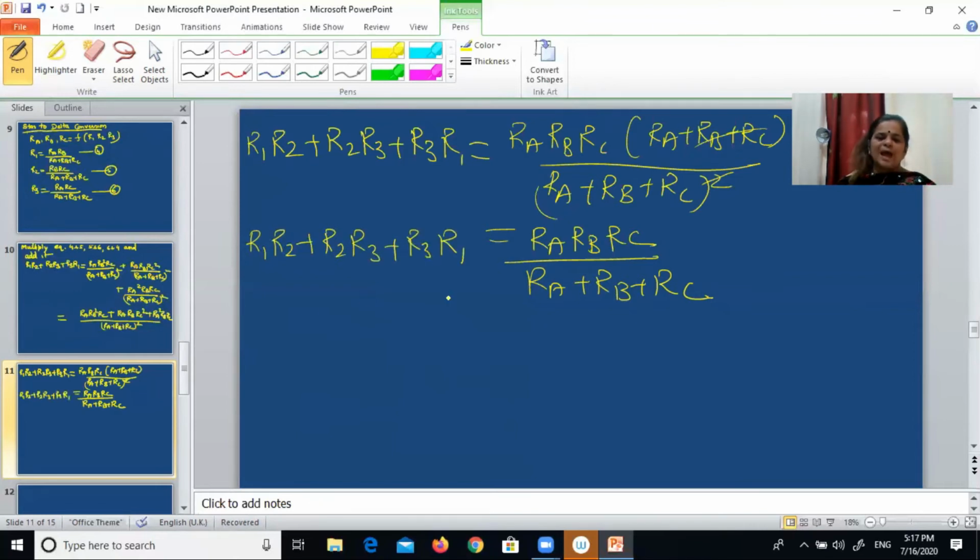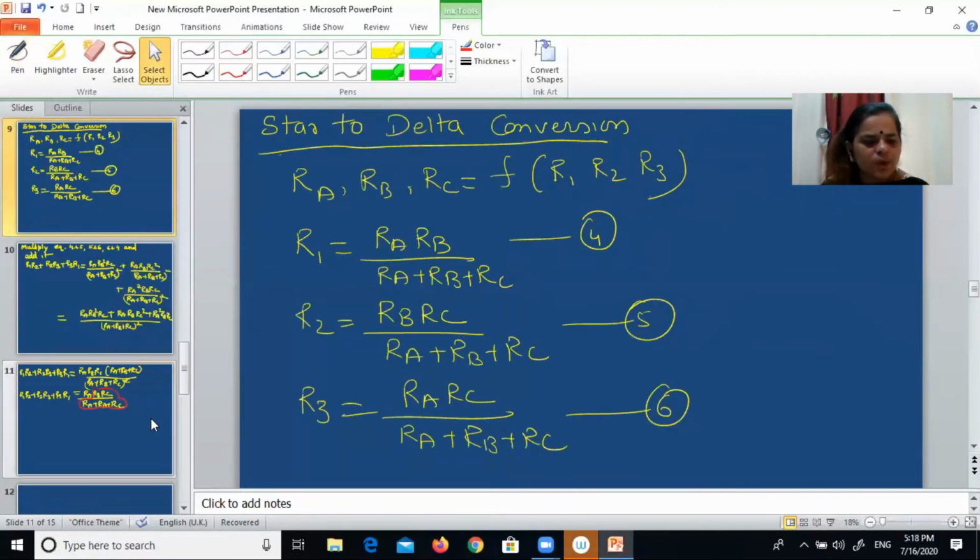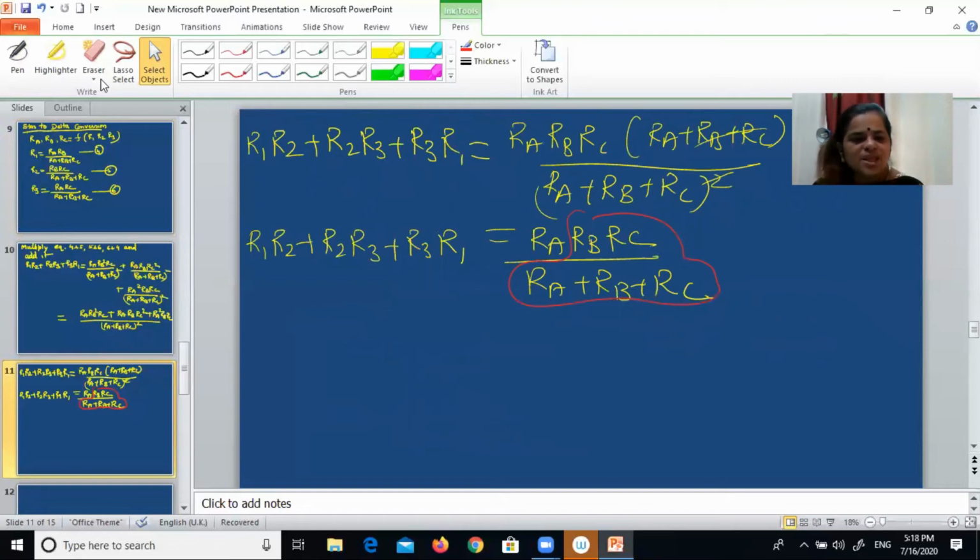Now I want to calculate RA as a function of R1 R2 R3. If I want to calculate RA, I replace this value: RB RC over RA plus RB plus RC, that is equal to R2. So I can replace this by R2.